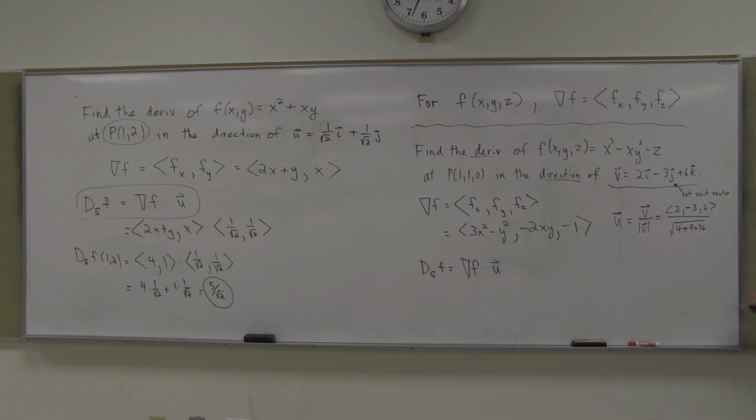Picked nicely there, didn't it? That is square root of 49, which is 7. So it's 2 sevenths, -3 sevenths, 6 sevenths would be my unit vector components.